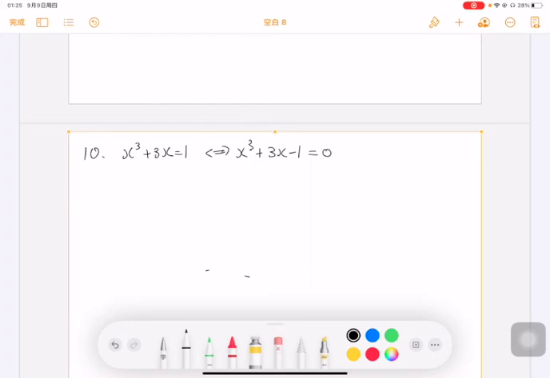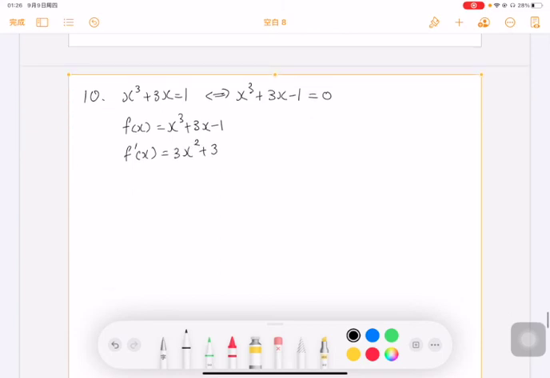This is a crucial step because Newton's method is used to approximate zeros of functions. If you have it in the original format, then the solution is not necessarily a zero. So you want to rewrite an equation into something equals 0. Okay, so let's call f of x equal to x cubed plus 3x minus 1. And then compute the derivative, f prime of x equals 3x squared plus 3.